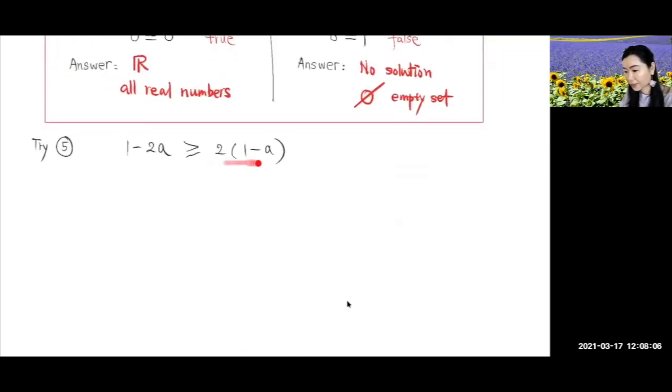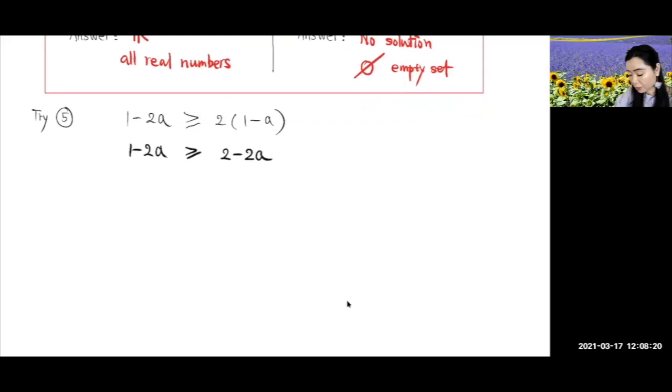Okay, try this one. Now this one over here, we first distribute. So we get 1 minus 2a greater than or equal to, here I have 2 minus 2a when I distribute. When we add 2a to both sides, then this 2a will cancel. Then I'm going to end up with 1 on this side, the other side is 2.